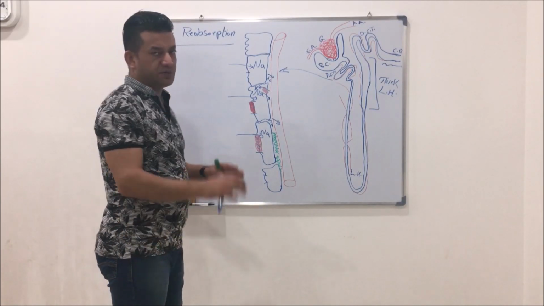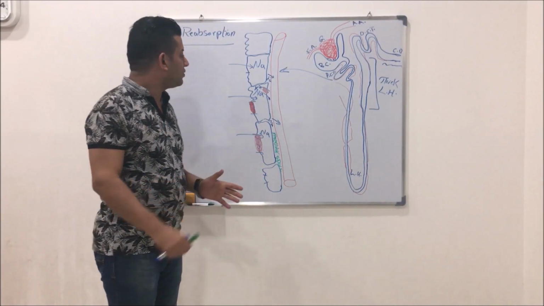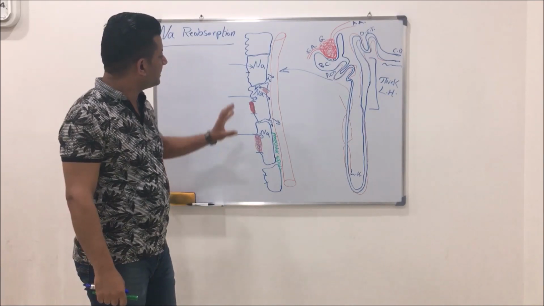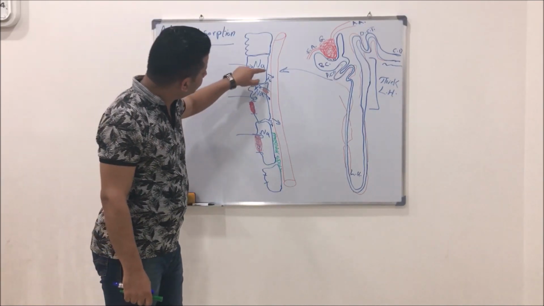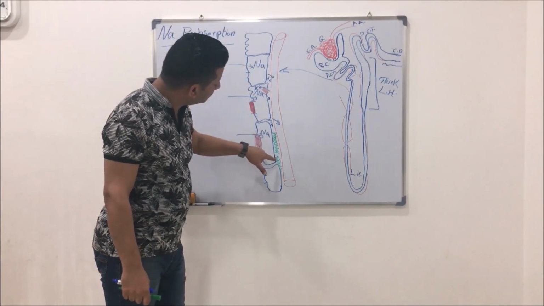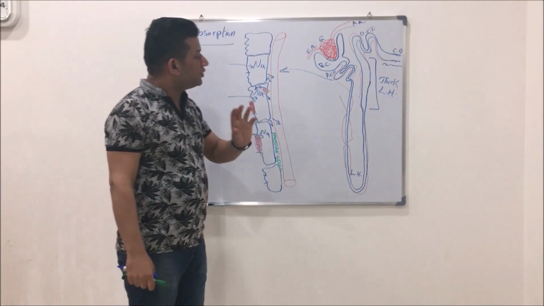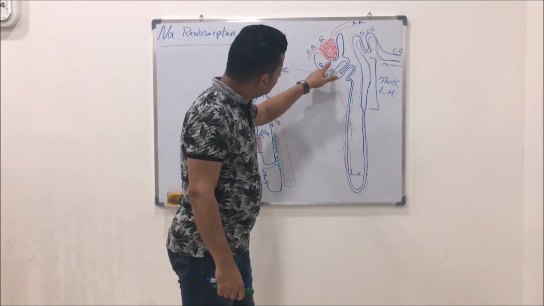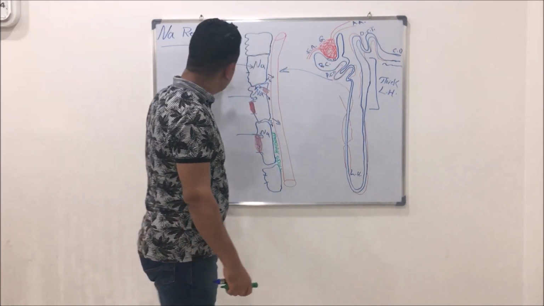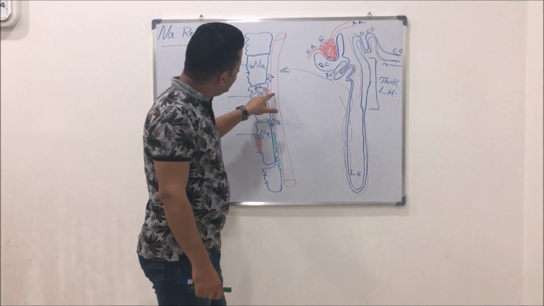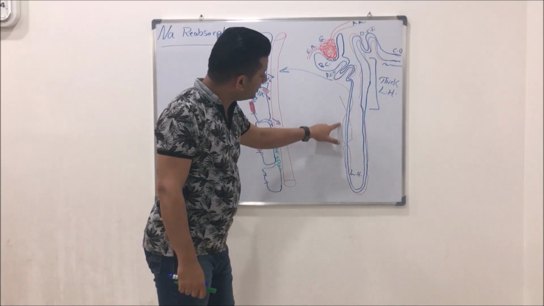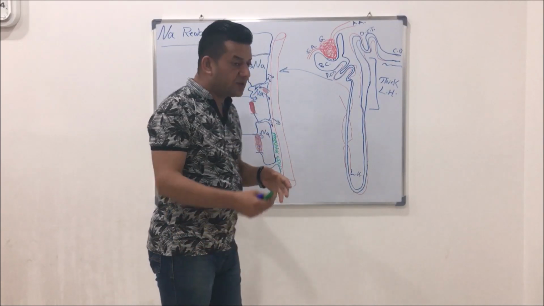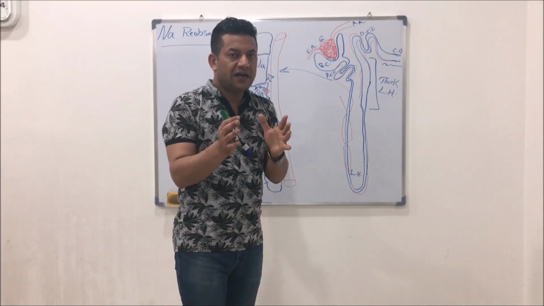Let's restate. What is the factor that helps to reabsorb sodium from the intercellular spaces? After filtration has occurred and water is filtered to the lumen, the inside of the peritubular capillaries will have less water.